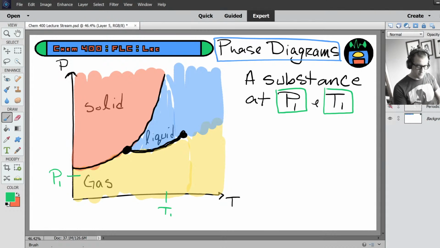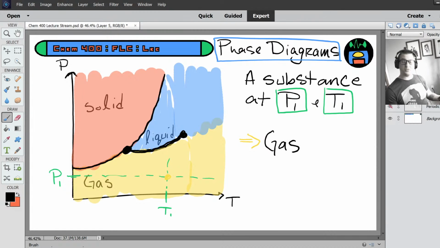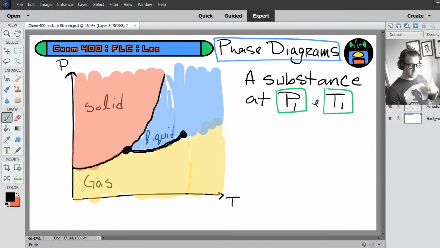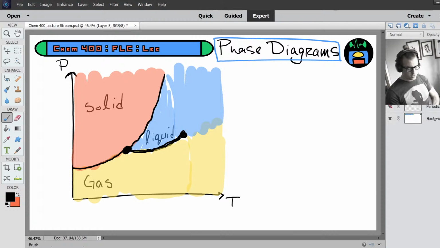Well, again, to find the phase of your substance, you look at where P1 and T1 intersect, and here that intersection is in the gas region. So we would say at this pressure and temperature, the substance would be in the gas phase, all right? And I'm sure you can imagine a pressure and temperature that would fall in the blue region. That would mean that that substance is a liquid at that pressure and temperature, all right?